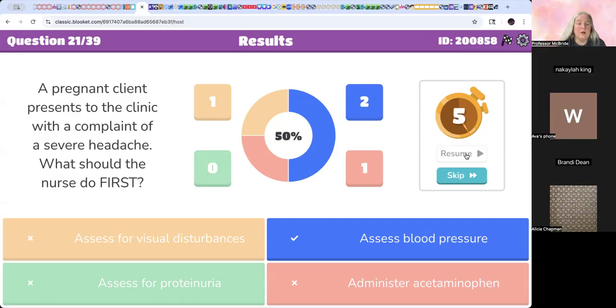They probably will do lab work and do their assessments. She's in the clinic, so I don't think they're going to give her hydralazine in the clinic. But they could send lab work for sure. Which labs are we looking at?